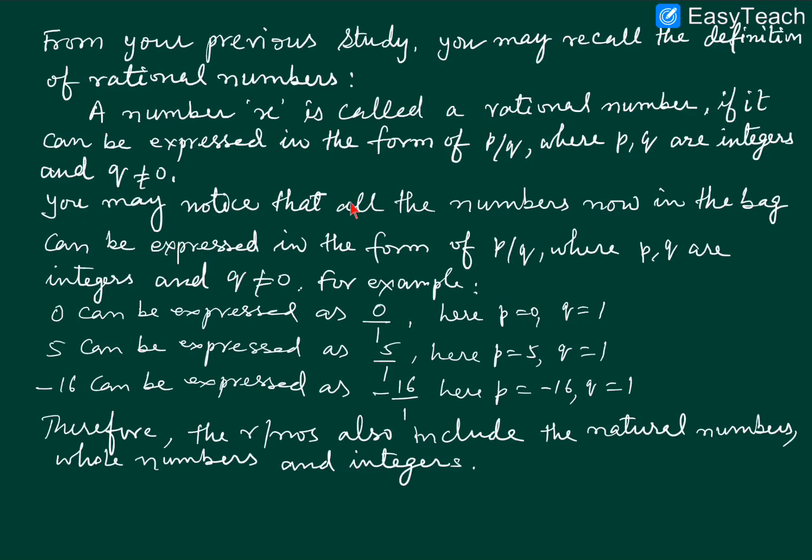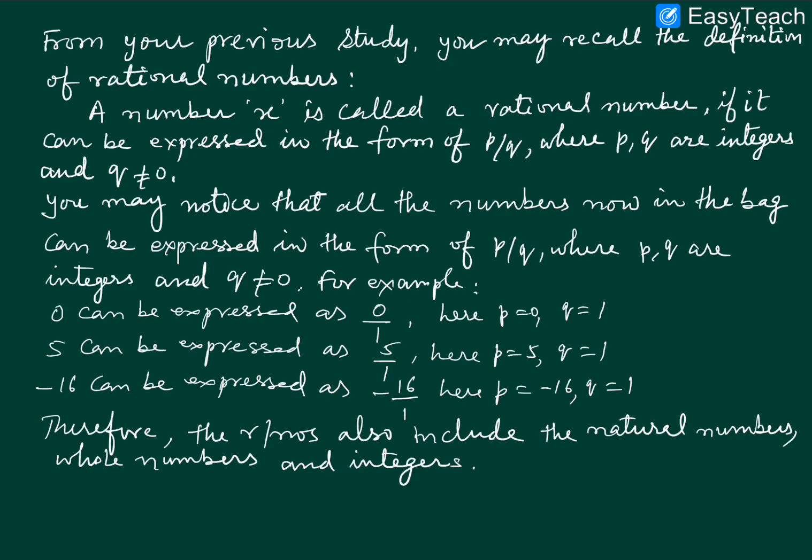You may notice that all the numbers now in the bag can be expressed in the form of p by q, where p and q are integers and q not equal to 0.